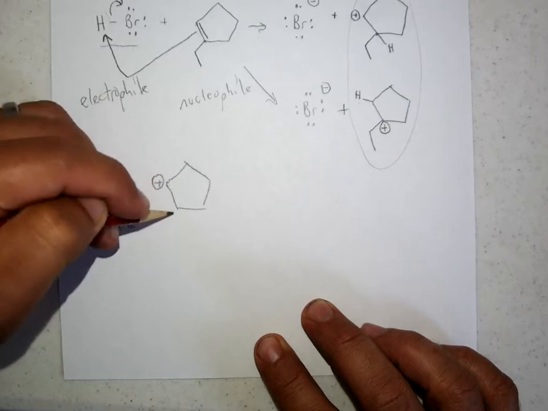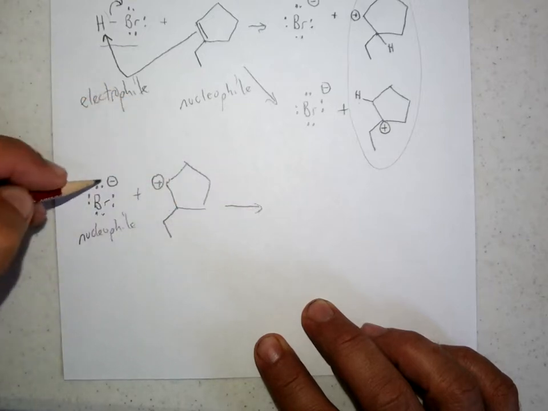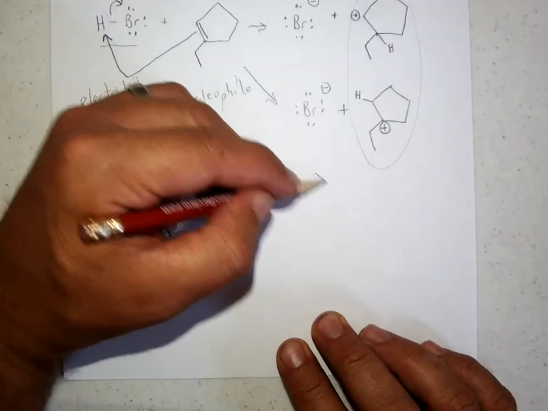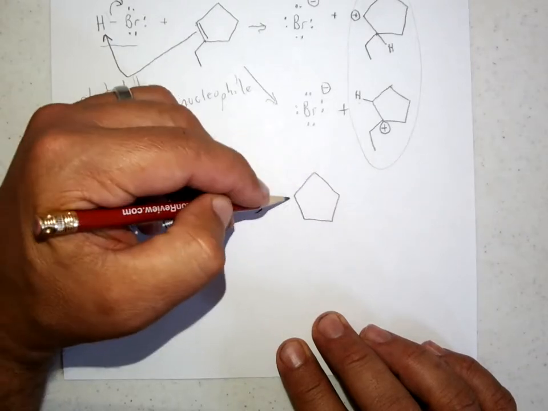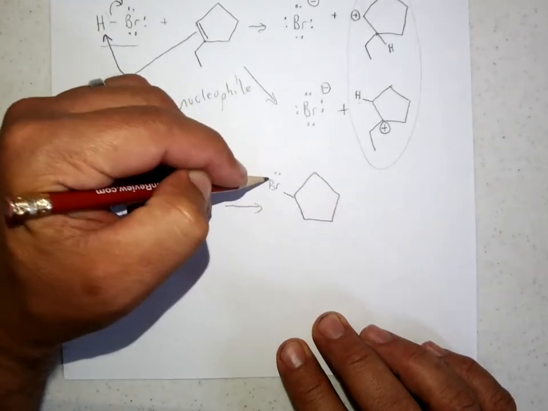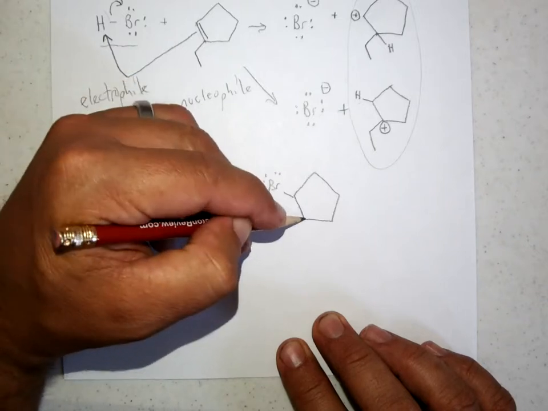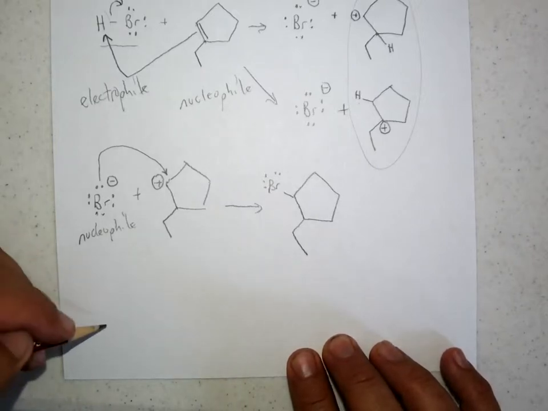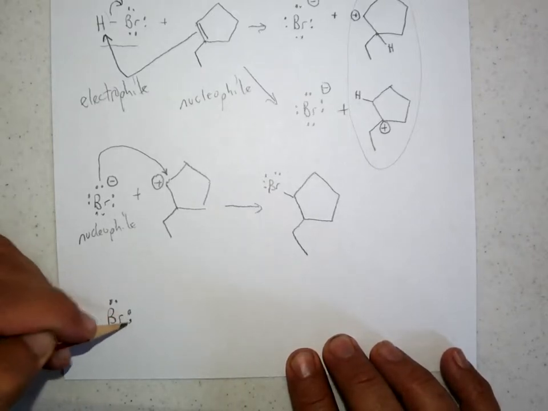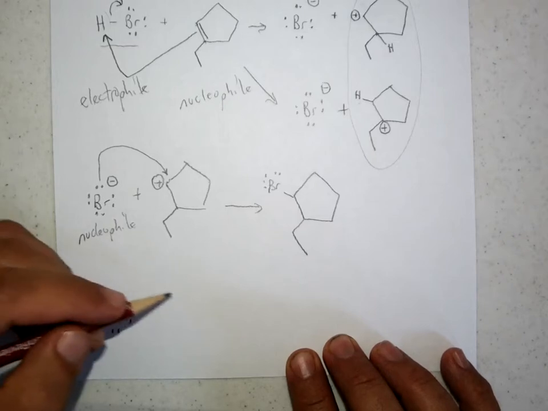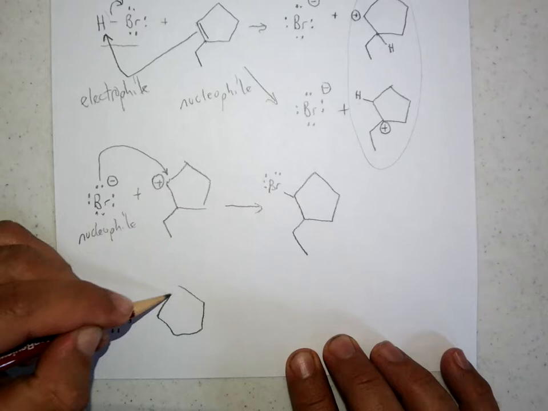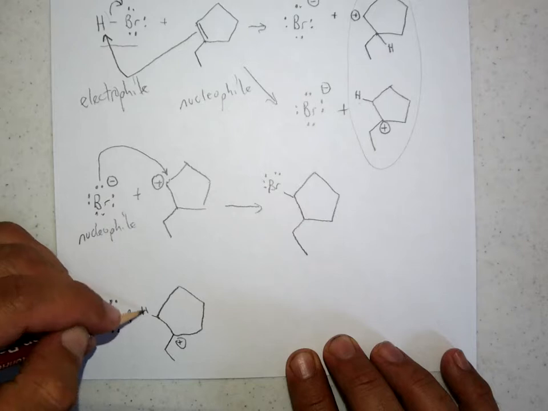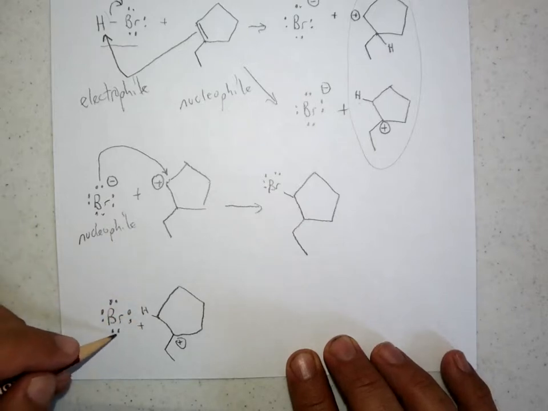So we have a plus there, ethyl group there. If this bromide goes and bonds to that carbocation, then we end up with cyclopentane with the bromine on one carbon and an ethyl group on the other carbon. And then if we have the bromide react with the other possibility, same type of mechanism.